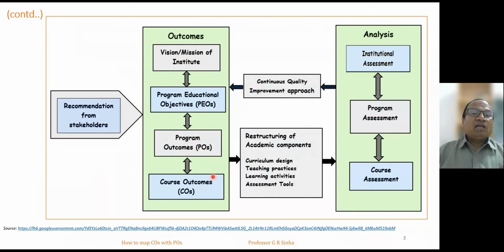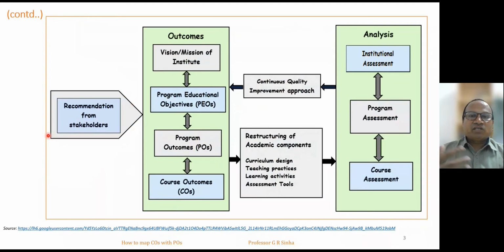course outcomes. And in writing all these statements, as we have already discussed, a number of stakeholders are involved. Recommendations from stakeholders include parents, students, alumni, industries, employers, and so on. Many stakeholders need to be involved so that they give us feedback.